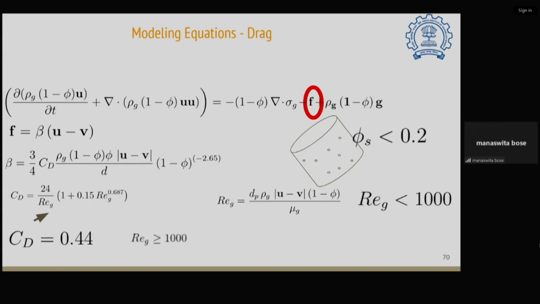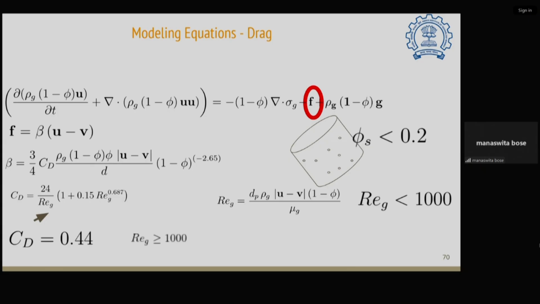With this volume fraction correction, one gets to see (1 minus epsilon) to the power minus 2.65. This is something like a Richardson-Zaki correction. So this is coming from the single particle approach, and I think this is also known in the literature as, see, this part CD is the Schiller-Naumann drag law, and then this with the volume fraction correction, I think this is the Wen-Yu drag law.